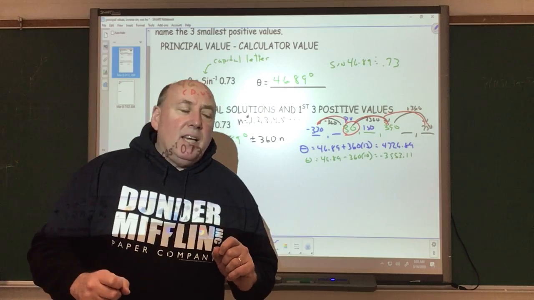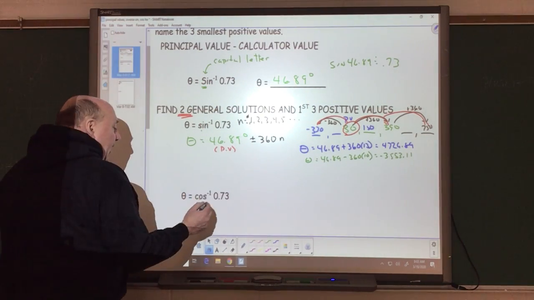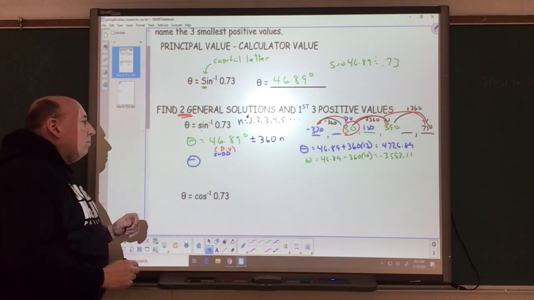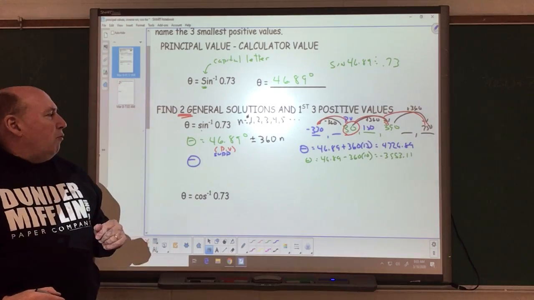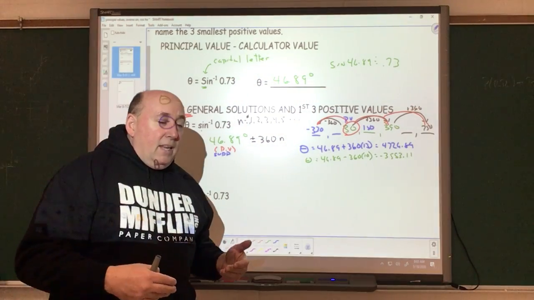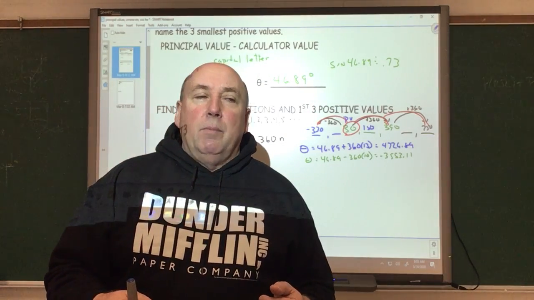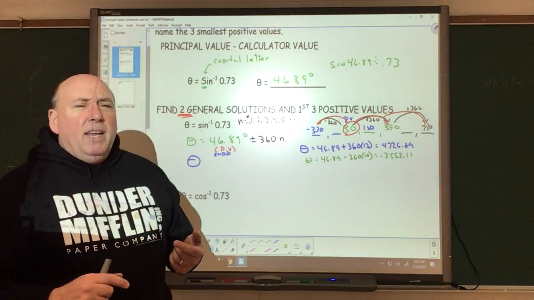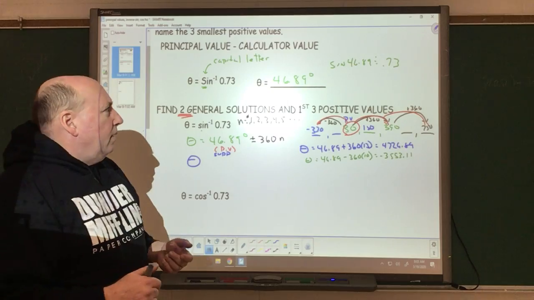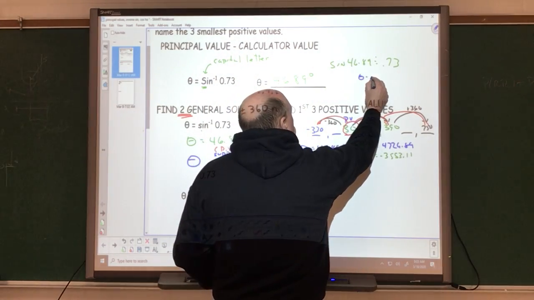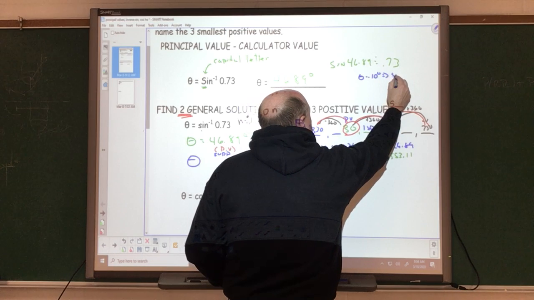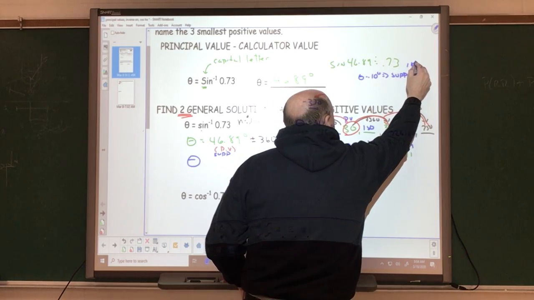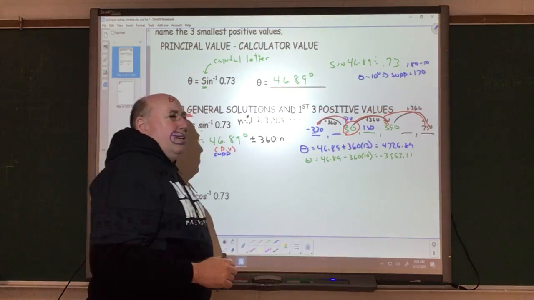So how do I get my second solution? We take a look at the idea of the supplement. Well, how do we find the supplement to 46.89? That is the mathematical question we had to deal with. If I have an angle, how do we find the supplement? Well, if my theta was 10 degrees, my supplement would be 170 degrees, because 180 minus 10 gives me 170.